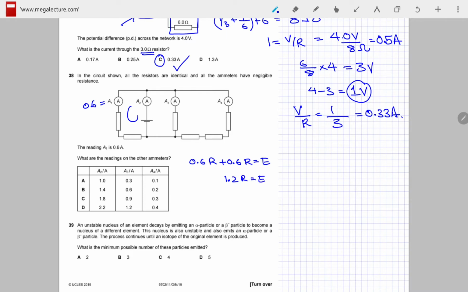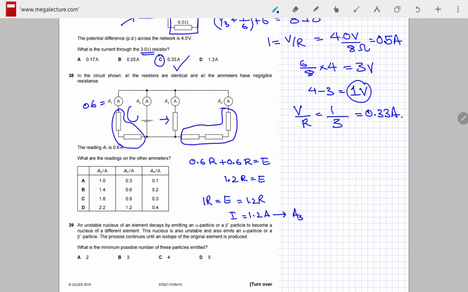Now in the A3 branch, this resistor is in parallel with the EMF, and so using Kirchhoff's second law in the second loop of this circuit, we have IR is equal to E, but E is 1.2 times R, which gives me current as 1.2 amperes. So in A3 we would have 1.2 amperes, and the two identical resistors in the A1 branch, these ones, are in parallel with 3 identical resistors in the A4 branch, these ones.